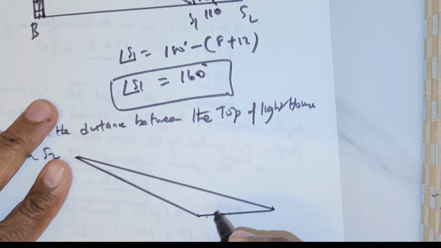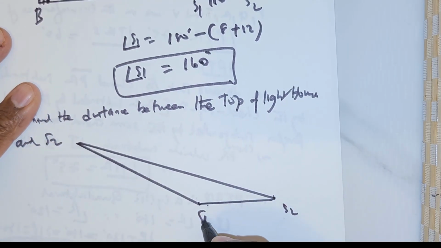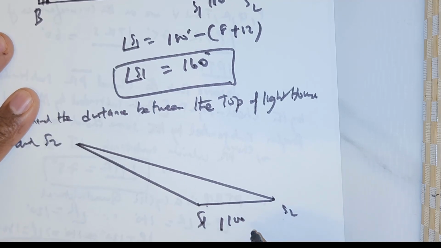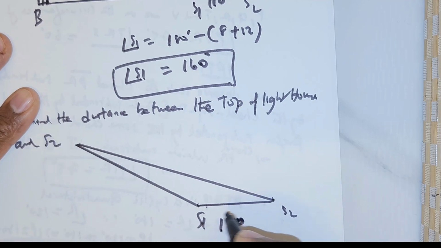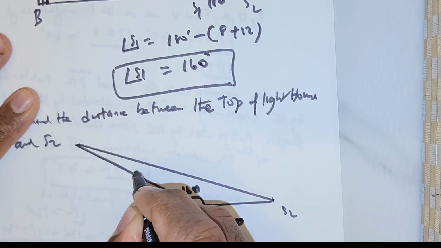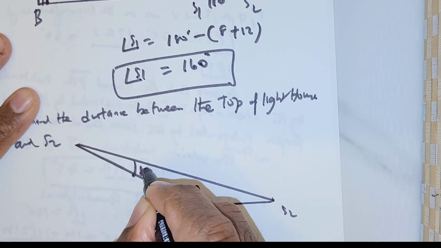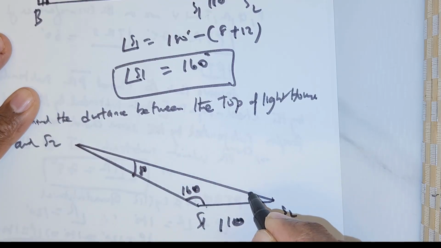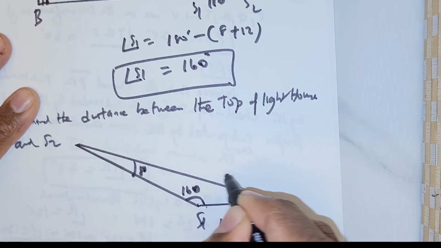So this is S1, S2, 110 meters apart. Now this angle is 160 degrees, this angle is 8 degrees, this angle is 12 degrees. Now we need this distance.